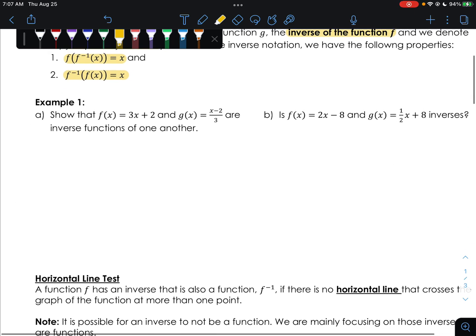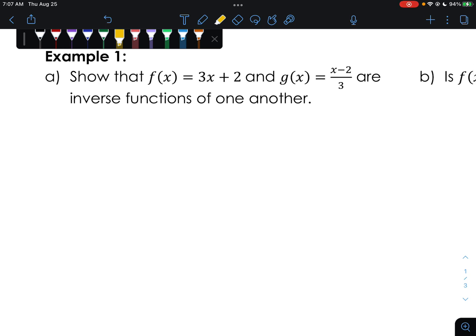So if we look at example 1a, it says show that f of x equals 3x plus 2 and g of x equals x minus 2 divided by 3 are inverses of one another. So step 1, we're going to do f of g of x. That means I'm going to have f of g, and g is x minus 2 over 3.